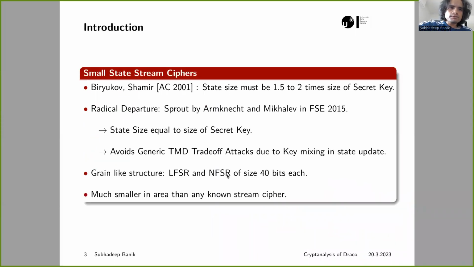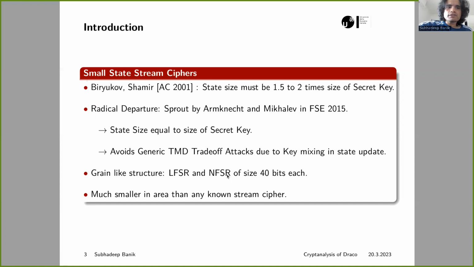So in Asiacrypt of 2001, Alex Biryukov and Adi Shamir published their seminal paper on TMD trade-off attacks. The main conclusion of the paper was that for a stream cipher to be secure, the size of its internal state in bits needed to be at least 1.5 to 2 times the size of the secret key that it uses.